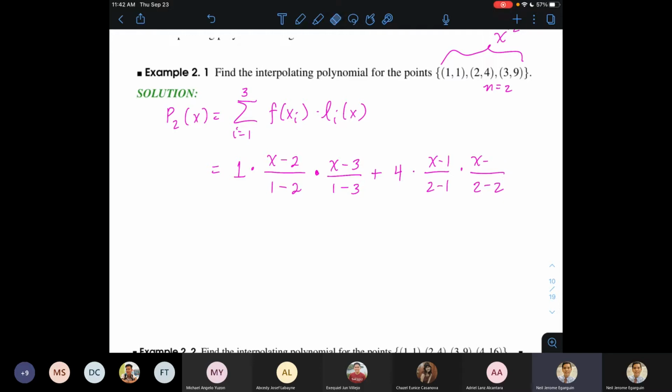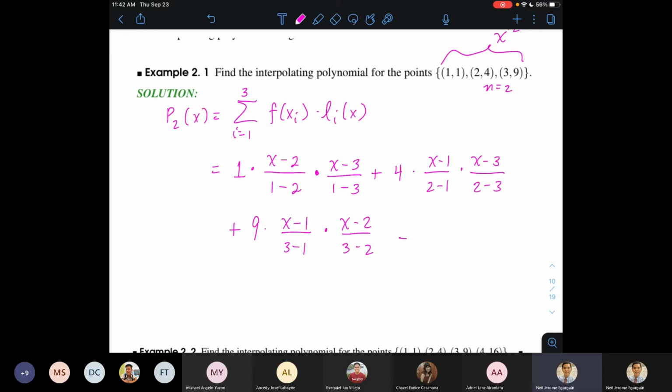Ibig sabihin, this cannot happen, so I'll go to the next one, to the third abscissa, which is 3. So I'll have this. And then lastly, plus, I'll have the third function value times the third Lagrange basis polynomial. So I'll have x minus 1 all over 3 minus 1 times x minus 2 all over 3 minus 2, and then that's it.